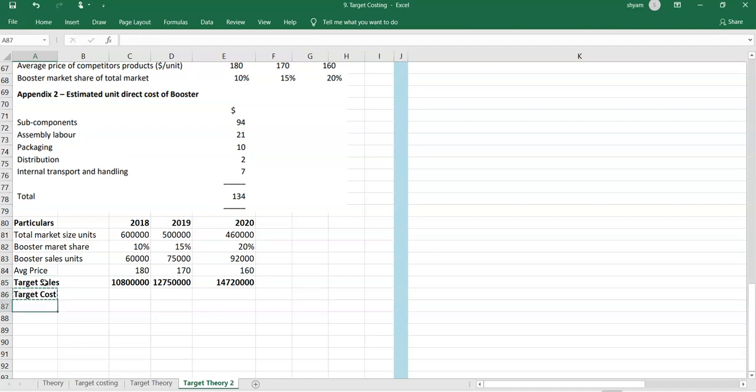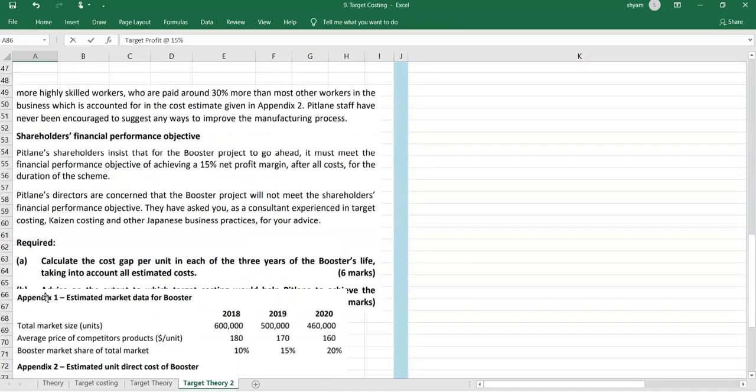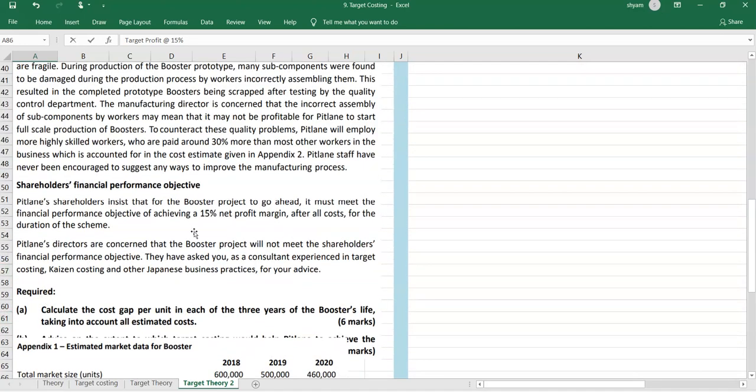So target cost will be arrived only when we know the target profit. Target profit, he has told that it is going to be at 15%. So it was given in the last paragraph, 15%. So 15% net profit margin.